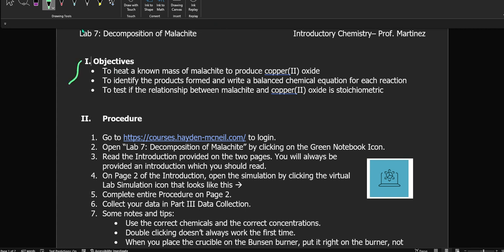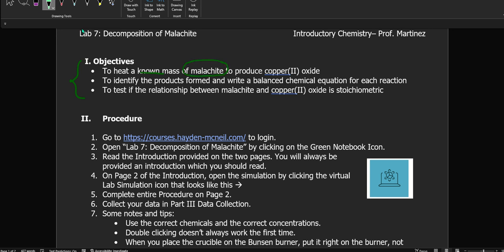So overall objectives are to heat a known mass of malachite to produce copper oxide. So it's a reaction that's occurring. So you're starting off with this really big compound called malachite, and then it's turning into copper oxide.